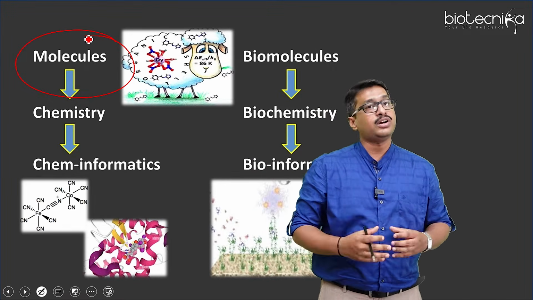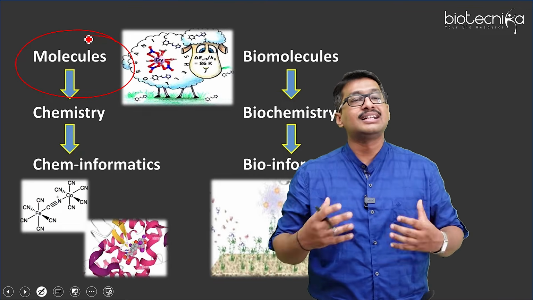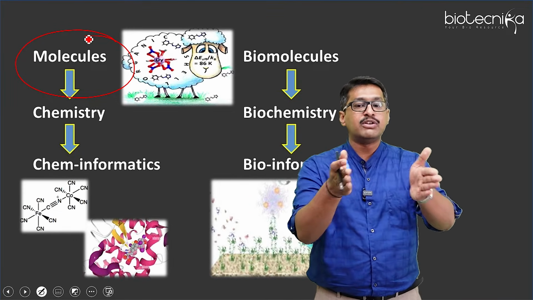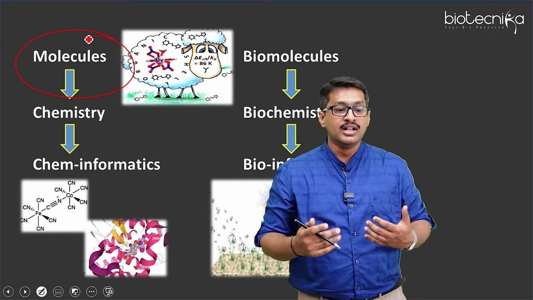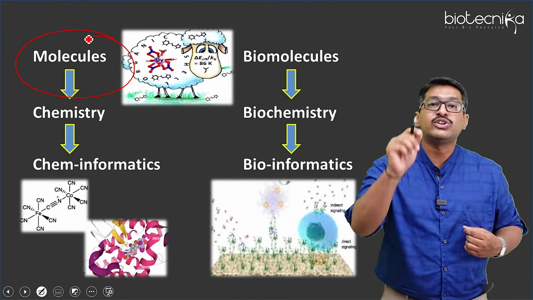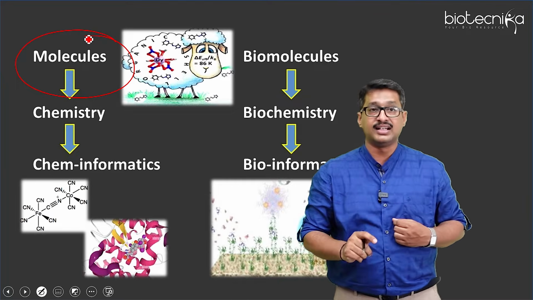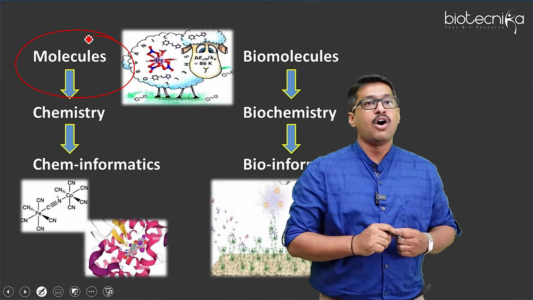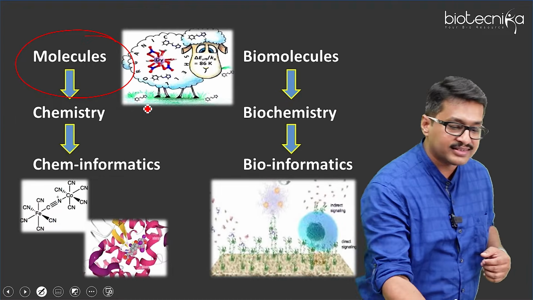Glass is nothing but silica. Now, the interaction of NaCl with silica can also be studied. So basically, I am studying the physico-chemical properties of NaCl, and the branch which deals with the physico-chemical properties of molecules is called chemistry.